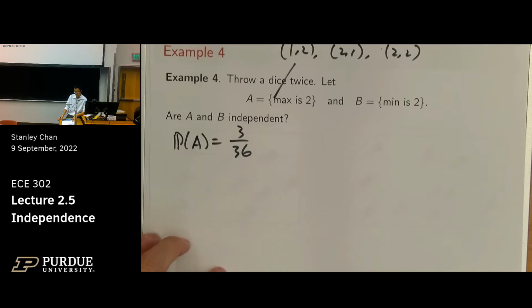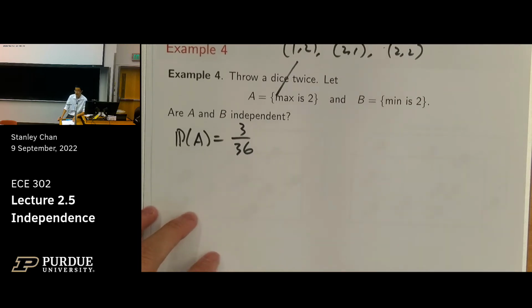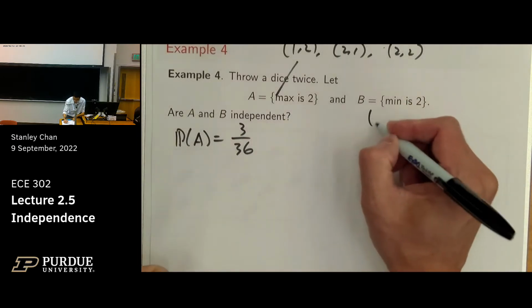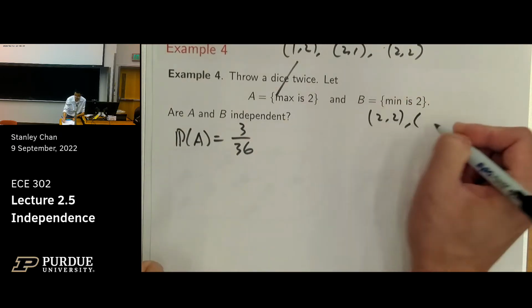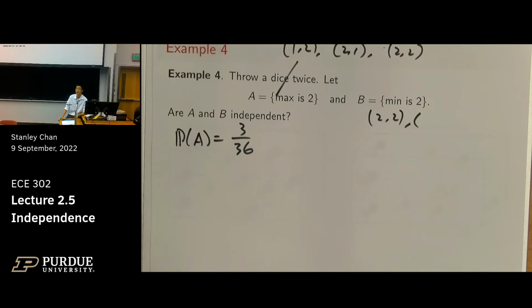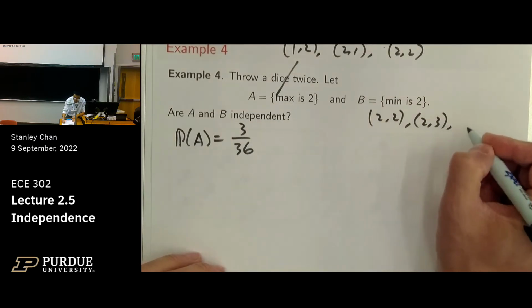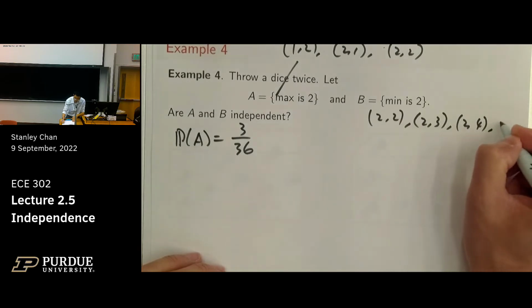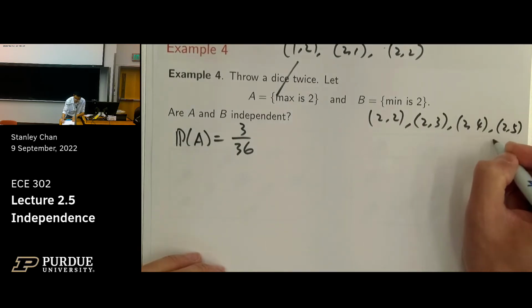The min equals 2. How many cases are there? Let's see. You have 2,2, which will be okay. Right? 2,2 would be okay. What else will work? 2,3. Okay, 2,3, the min is 2. 2,4 will work. 2,5 will work.